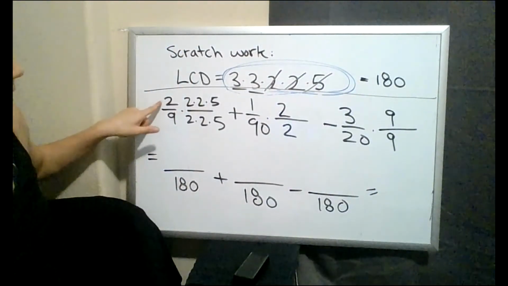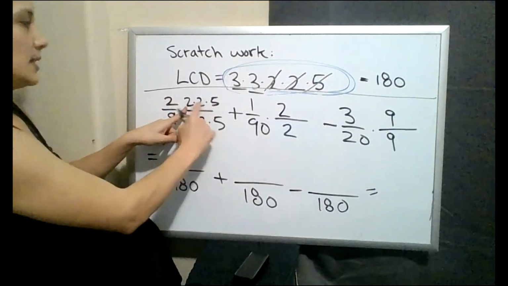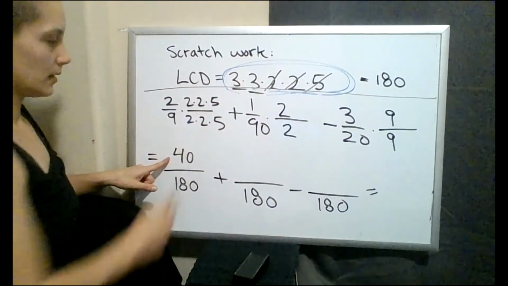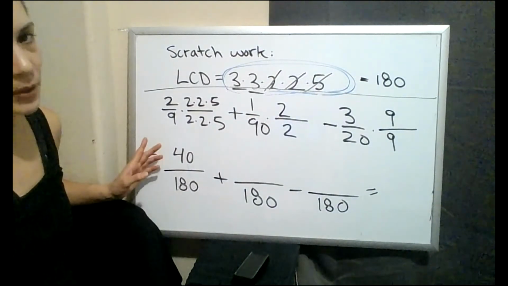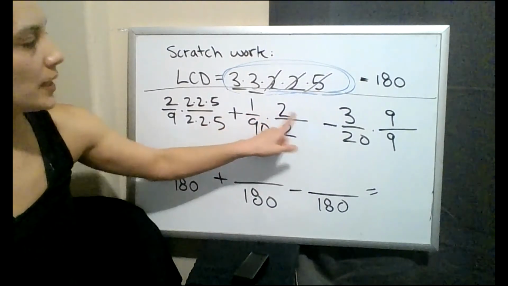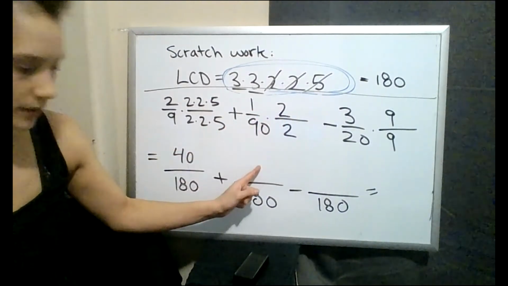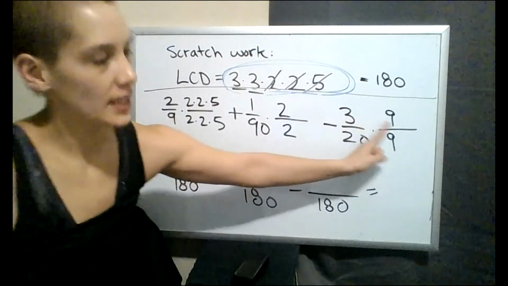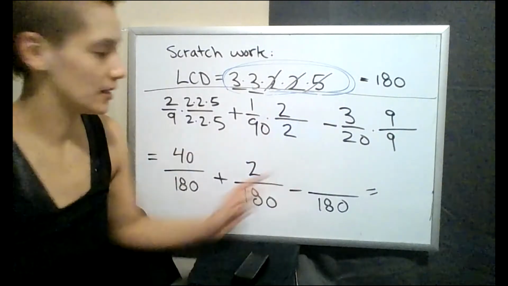Back here. 2 times 2 is 4, and this is multiplied with 10, so I've got 40. Please check my work. Let me know if you see mistakes. In this numerator, 2 times 1 is 2. This last numerator, 3 times 9 is 27.